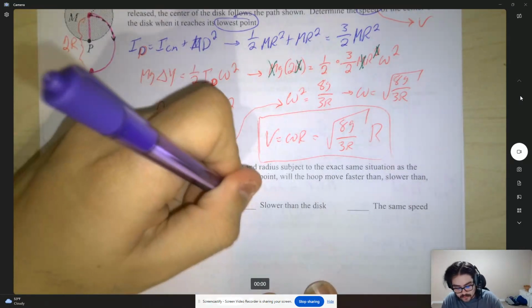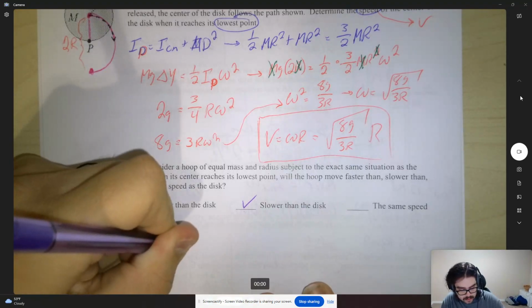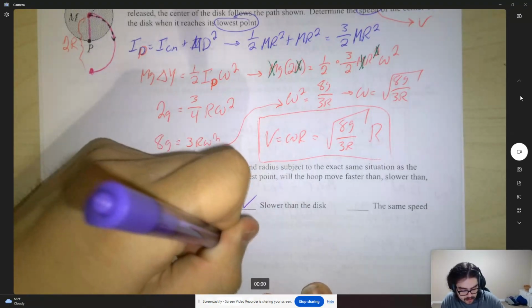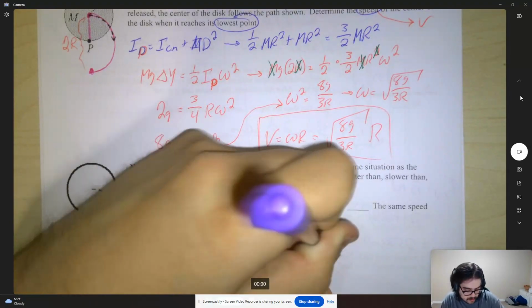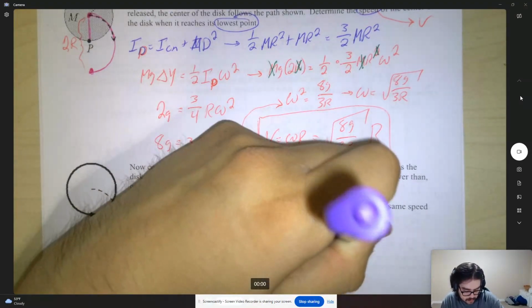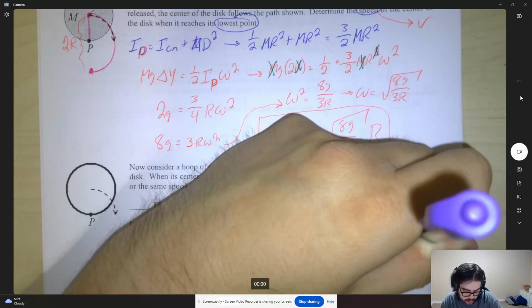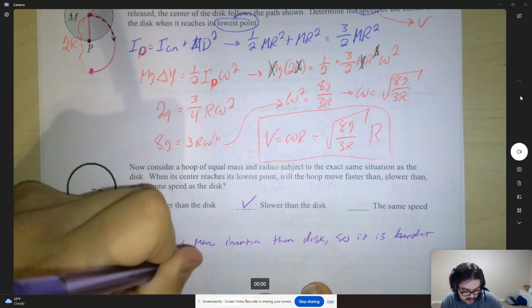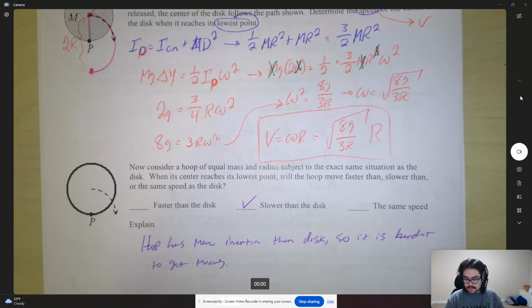So it should actually move slower than the disk, because the hoop has more inertia than the disk. So it is harder to get moving, and also harder to speed up the rotation. That's another important point to make there.